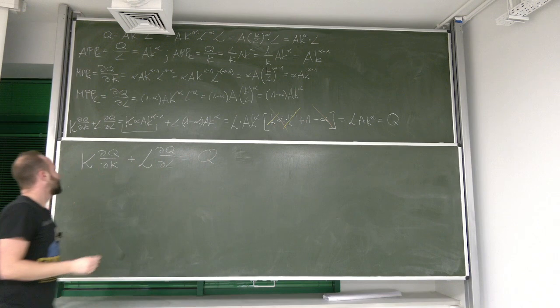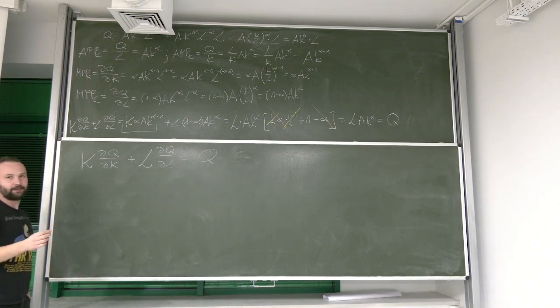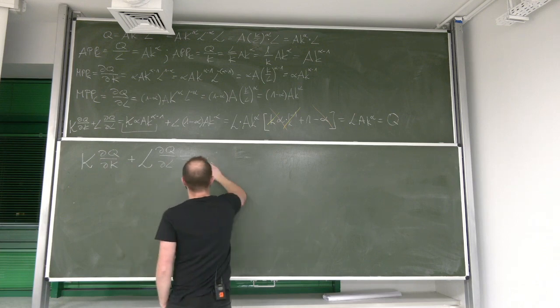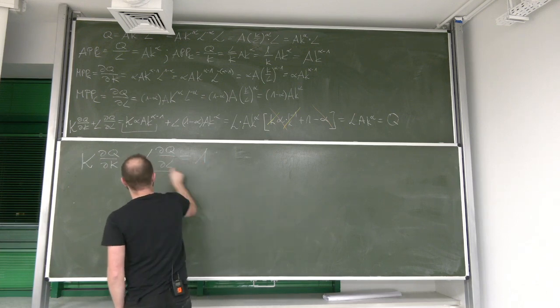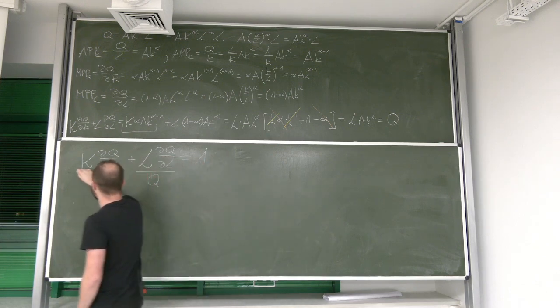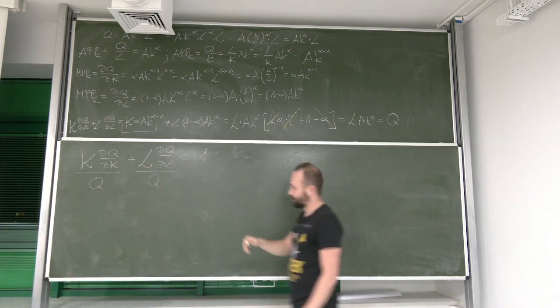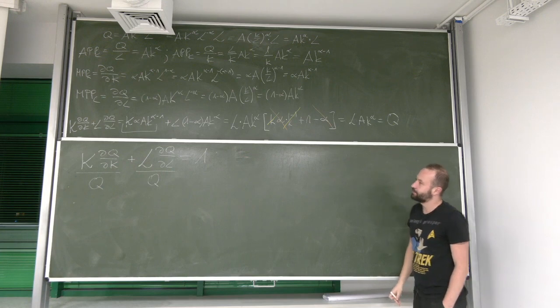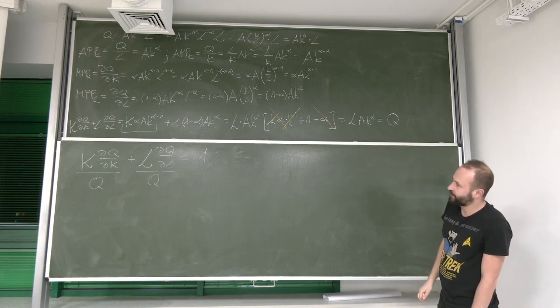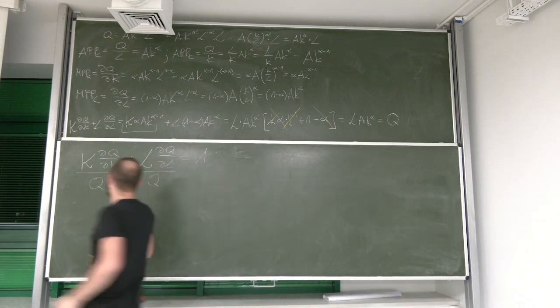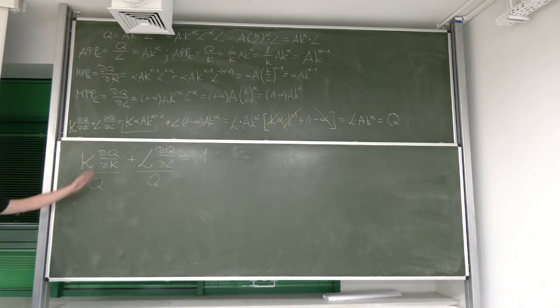Now look, if I divide both sides of this equation by Q, I'm going to get two expressions that sum up to 1 very nicely, and they have very nice economic interpretation. This is the share of the product that is going to capital, right?